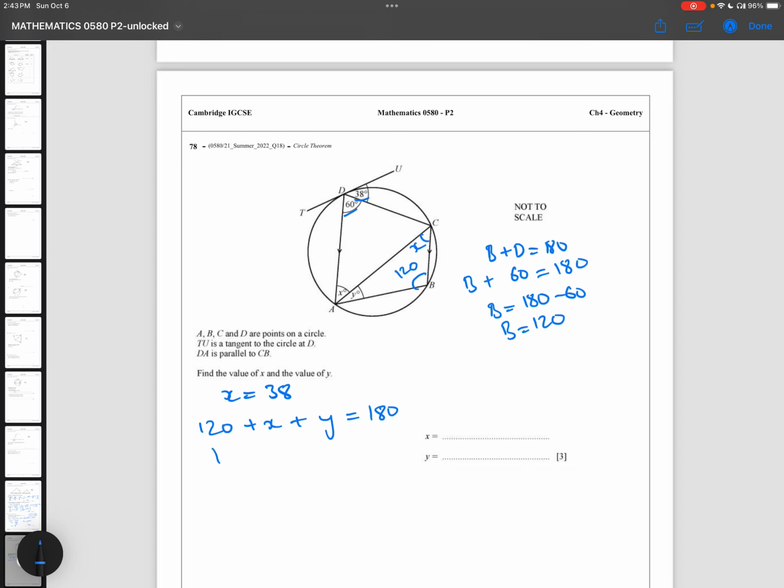I know the value of X, that is 38. 120 plus 38 is 158, and 158 will be subtracted from 180 now. This will give Y equal to 22. So X is 38 and Y is 22.